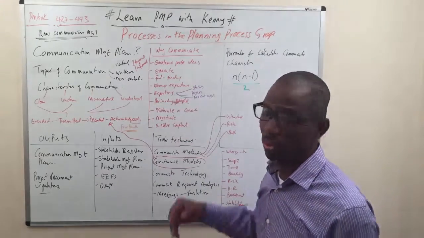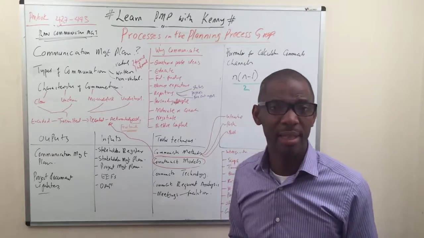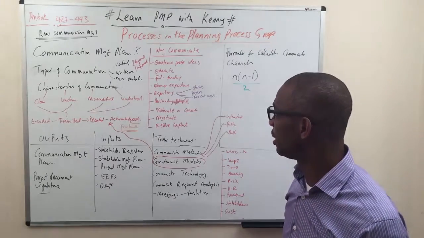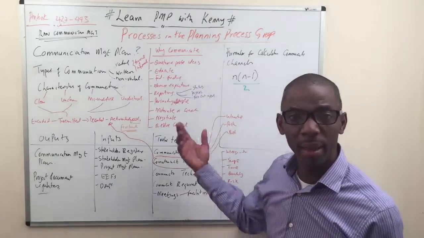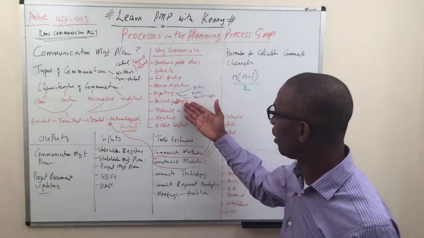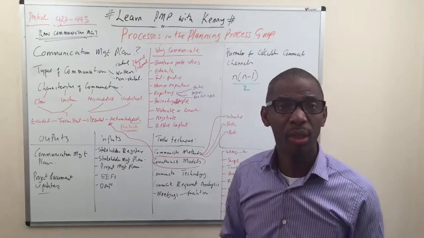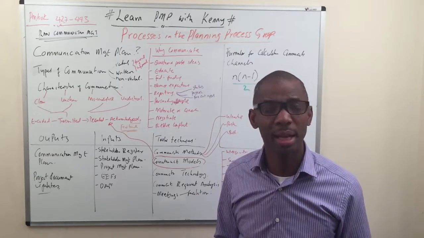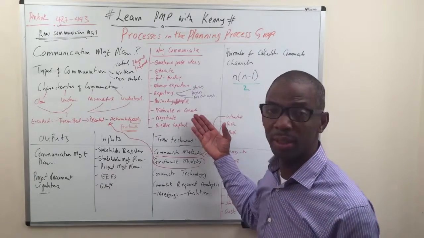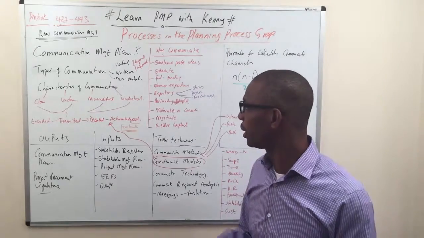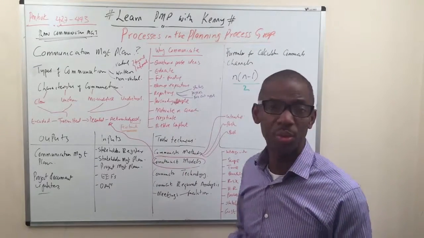We could do it because we want to manage expectations and set the expectations of the project manager. We can use it for reporting. I'll go back into that. We can use it for persuading people to help us and to be on our side as well. We can use it to motivate and to coach our project team. We can use it to negotiate. We can use it to resolve conflict.